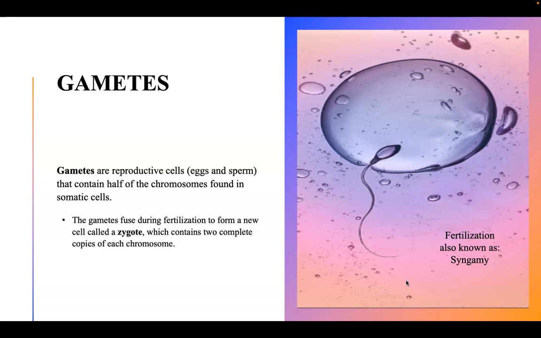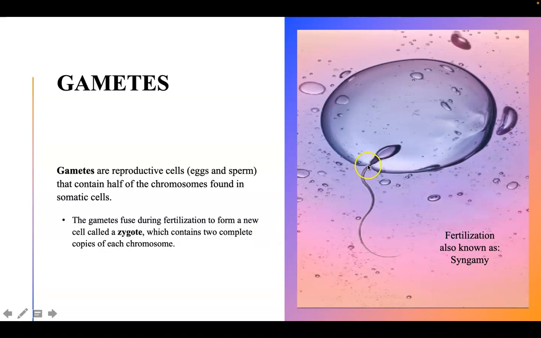So our gametes are reproductive cells. That's just the word for our cells like eggs and sperm, and they are the cells that contain half of the chromosomes found in somatic cells. So they have half the genetic information that the rest of the cells in a body have. The gametes fuse during fertilization to form a new cell called a zygote, which contains 2 complete copies of each chromosome.